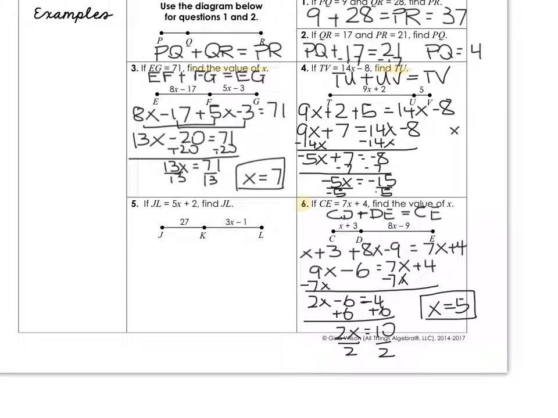So I get x equals 3. But again, that's not what I'm trying to find this time. I'm trying to find TU, so I need to substitute into that expression. What is the expression for TU? It's 9x plus 2. So I take 9 times 3, plus 2. TU equals 27 plus 2, which equals 29.